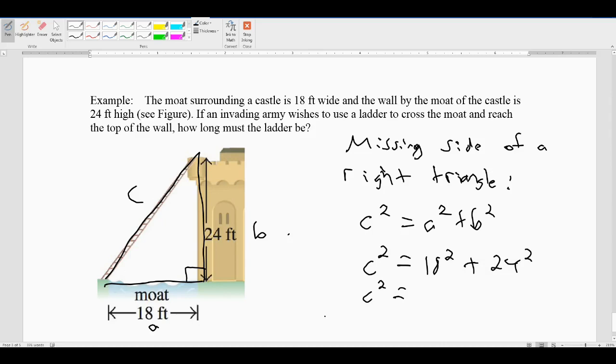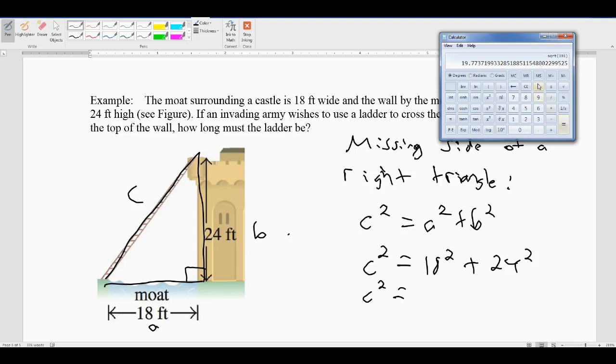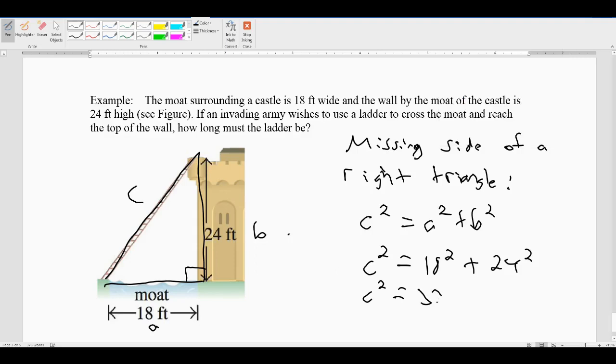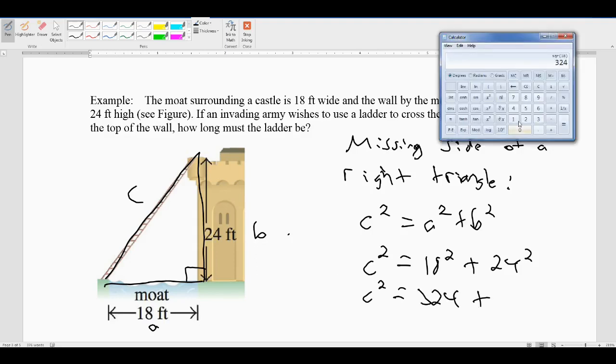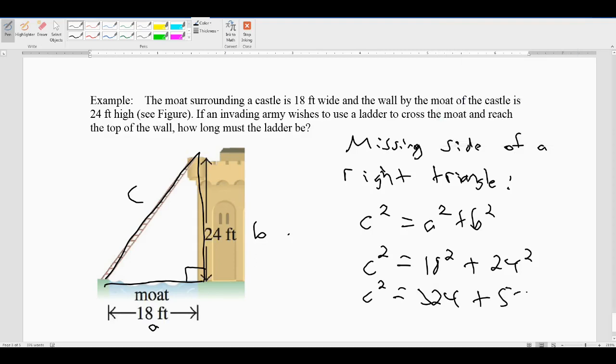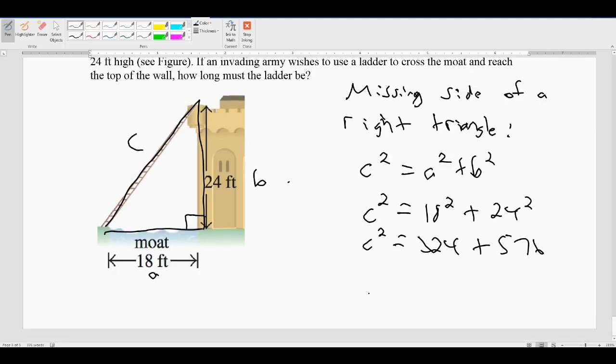18 squared, I think, is 324, but not 100% for sure. So we're going to find out. 18 squared, there it is. Yep, I was right. 24 squared, I don't know that one. 576. So we're going to add those two together. Probably 900. Let's make sure.